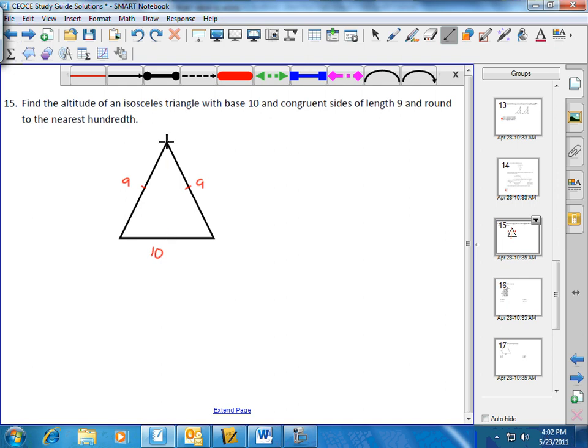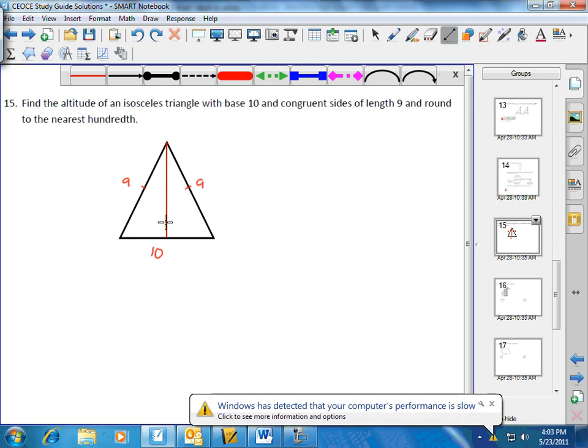I'm not going to insist that it's perfect, but this altitude is perpendicular to the base going to the vertex, and we're looking for the length of that side. One way that we can approach this is, we need to know that for an isosceles triangle, the altitude is also a perpendicular bisector and also an angle bisector and a median. They're all the special segments of a triangle.